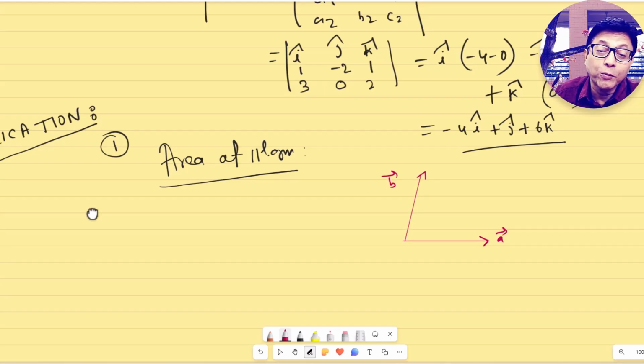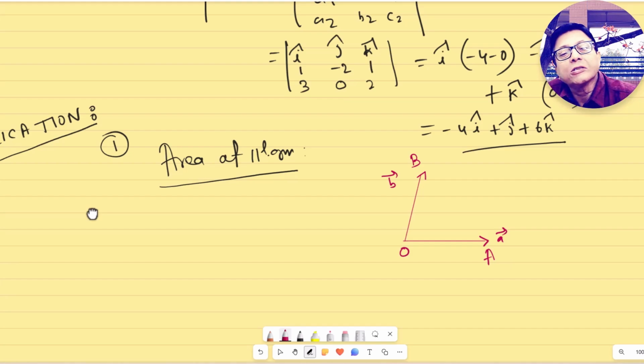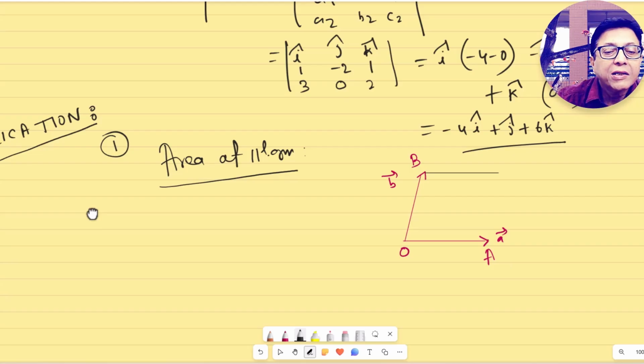Definitely the same formula, the formula is not changed, because that formula, area of a parallelogram, was found by using the integration concept. And that is true, we will be using it here. But finally, the form we get will help you to find the area of a parallelogram quickly.